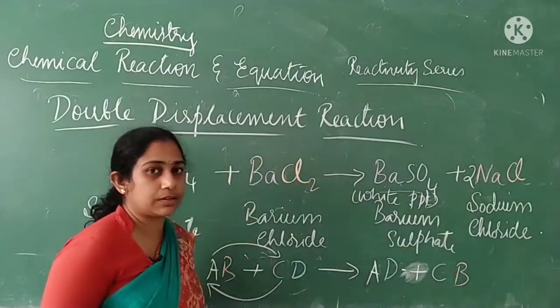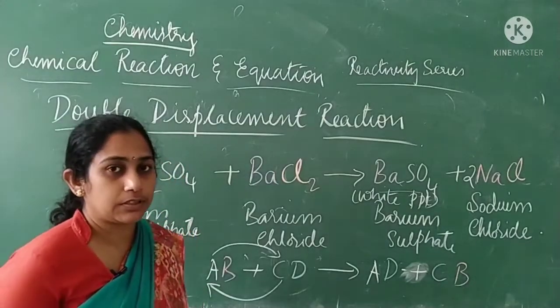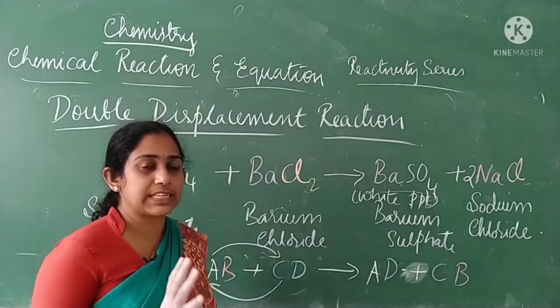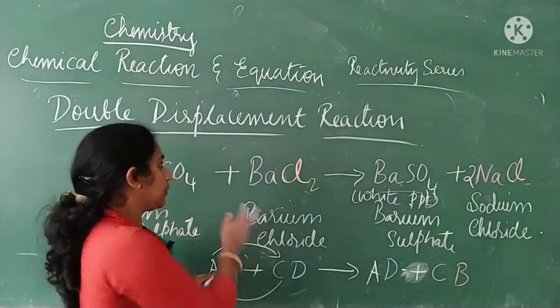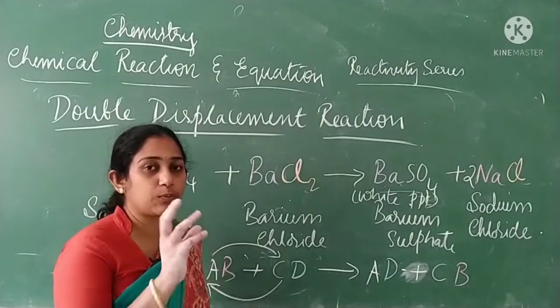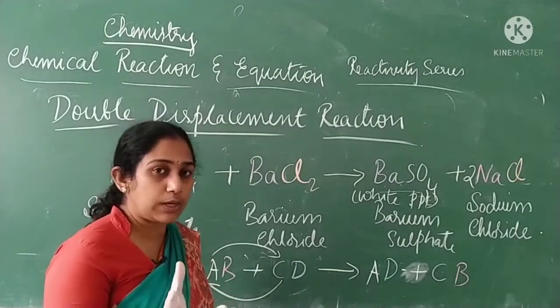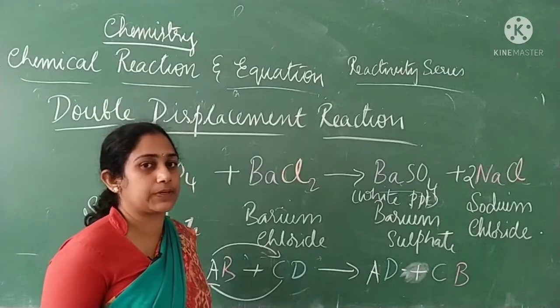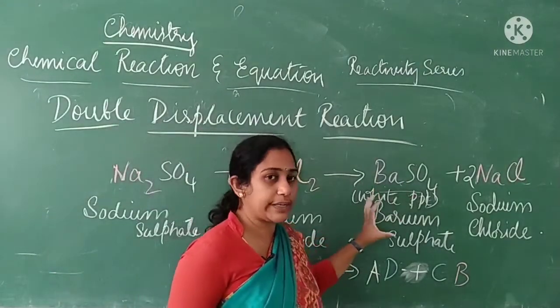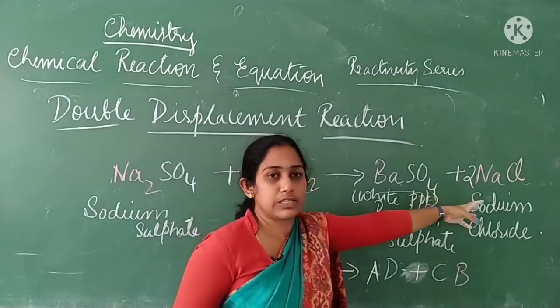I told you in the beginning of the chapter, when I taught about the precipitation process, that a precipitate means an insoluble salt. When you mix two clear liquids, one of the compounds is a solid substance that is not soluble in the liquid. So you get an insoluble white precipitate of barium sulfate.